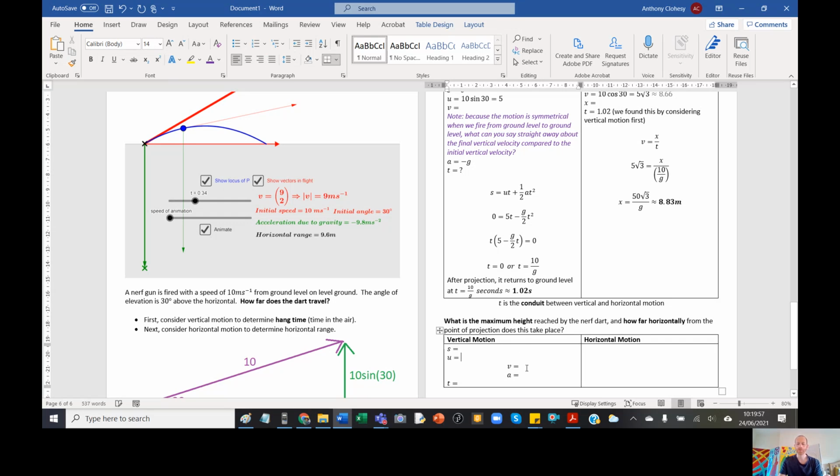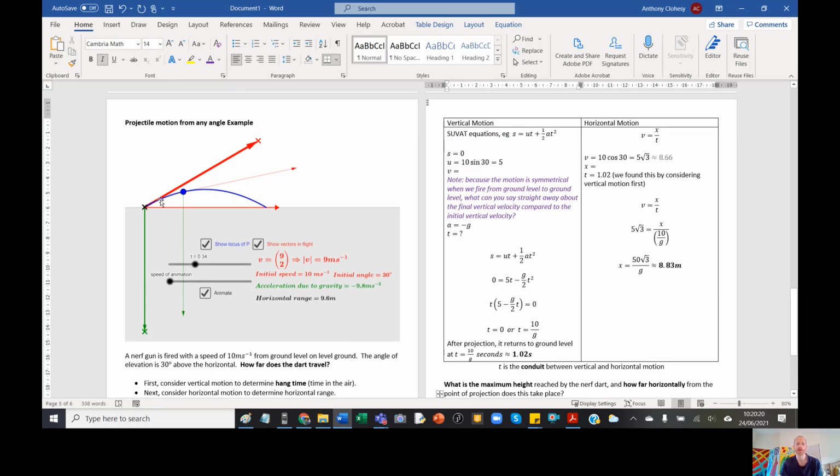We want to figure out which of these we know and which of them we need to calculate, which ones we can based on the formulae that we have. For starters, maximum height, that's what we're trying to find. We're looking for the vertical displacement between the moment when you fire the gun and the moment when it reaches its maximum height. So although previously we've considered the entire motion from the beginning of firing the dart to the moment when it hits the ground, now we're just considering the first part, from when it's fired to the moment it reaches its greatest height.